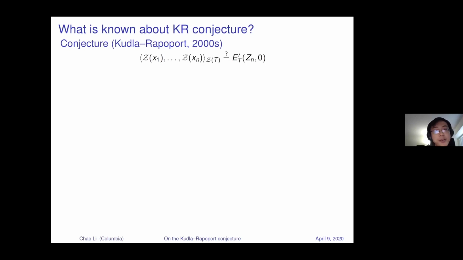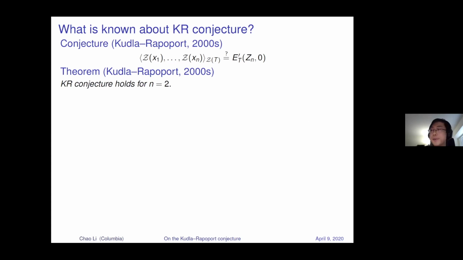Let me remind you, this was formulated almost 20 years ago by Kudla and Rapoport, saying that the arithmetic intersection number of n arithmetic divisors on a Shimura variety should be related to the central derivative of Eisenstein series. Immediately after formulating the conjecture, they verified the case n equals 2 as a reality check.